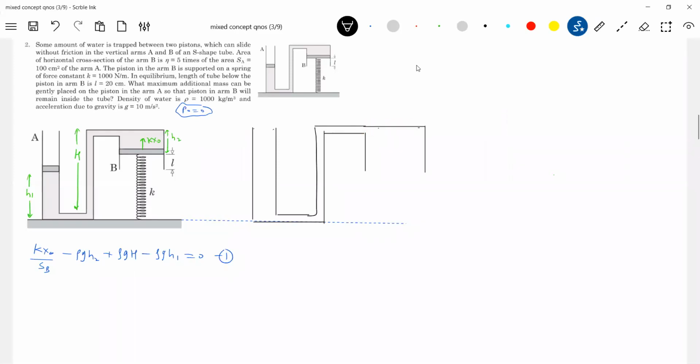Okay, I tried my level best to get a better diagram. So after placing the load, let it come down, and this piston will be in this position.